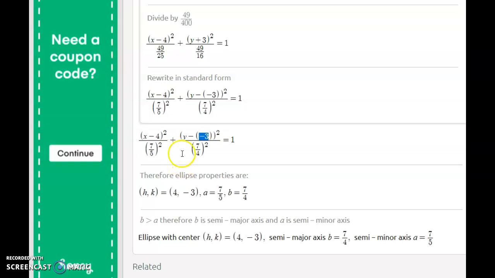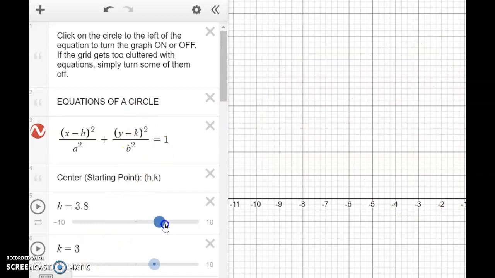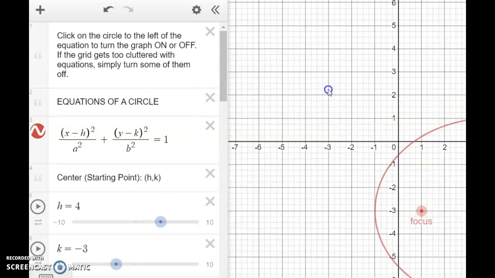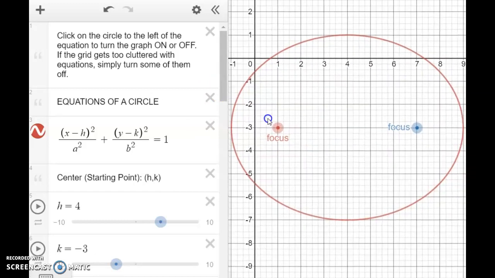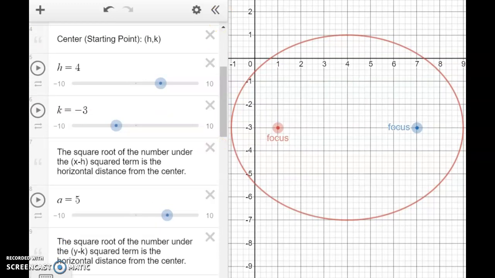So I'm going to try to graph that with Desmos. So 4 and negative 3 is my center. So 4 there, and negative 3. I guess that puts me in the fourth quadrant actually. There we go. And now I think my major axis was, oh, actually it's not my major axis.